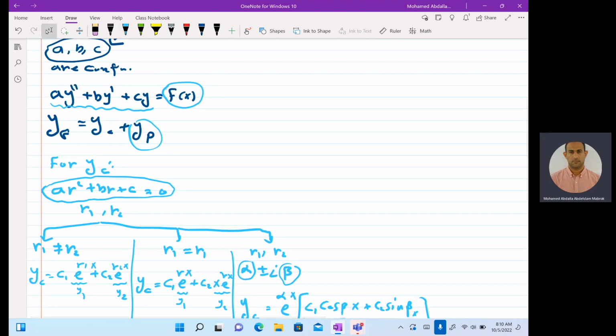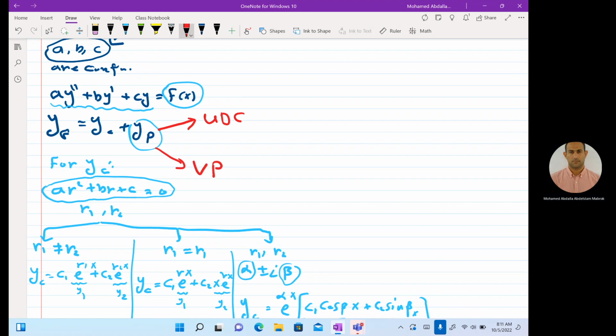And then for the yp, we studied two different methods in order to find the yp. One method is called undetermined coefficients, and the other method is called variation of parameters. For undetermined coefficients, we studied it for specific families of functions, not for all functions.